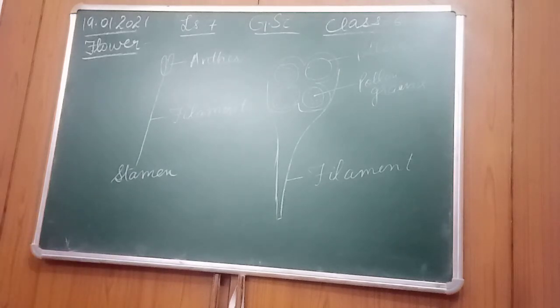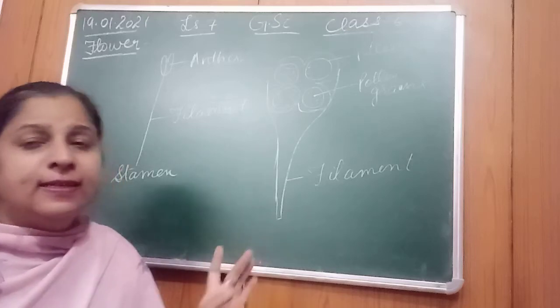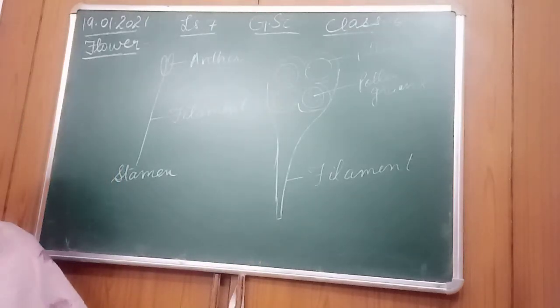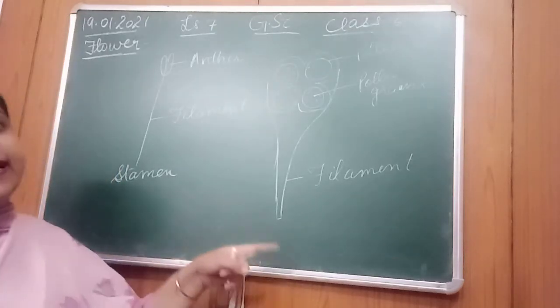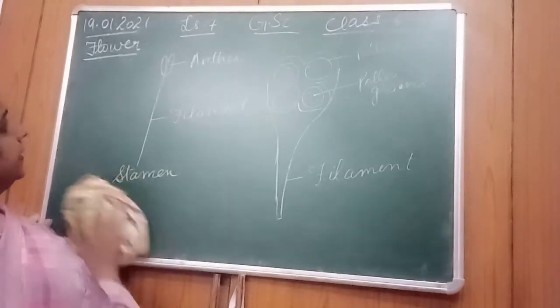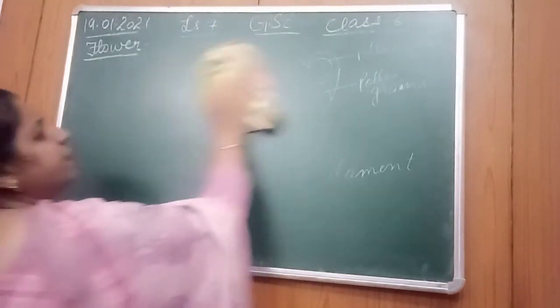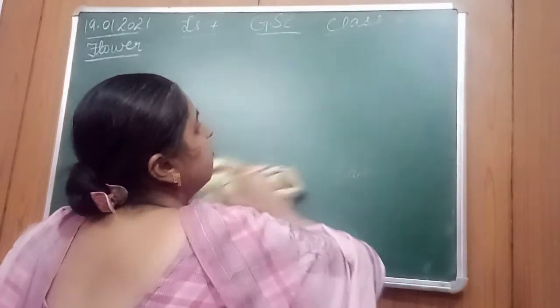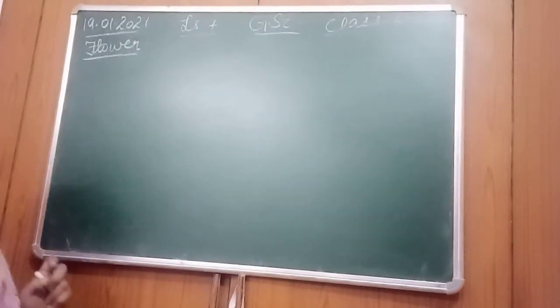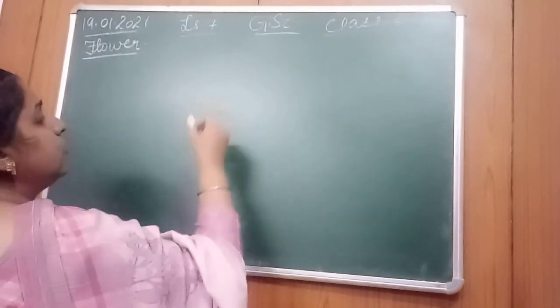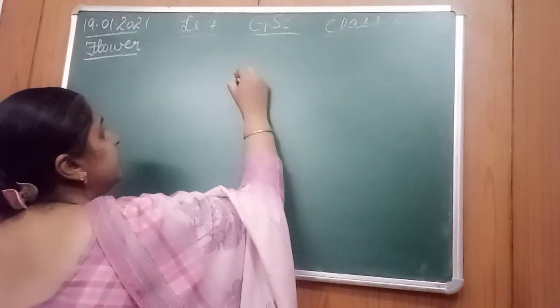Okay. Now, students, if this is clear, let us do the structure of pistil. This was structure of stamen. Let us do the structure of pistil. Pistil is what? Female reproductive part. Let us do how to draw the pistil.